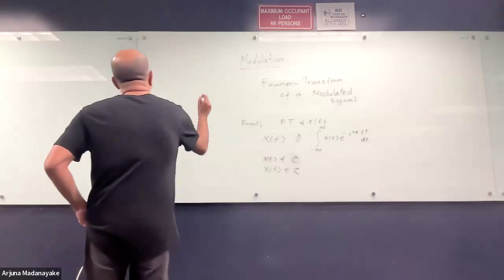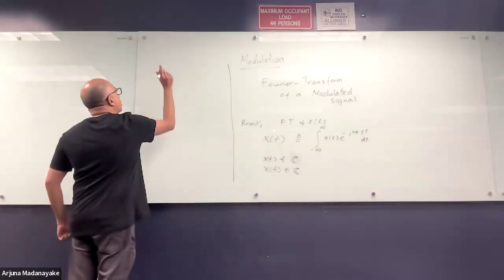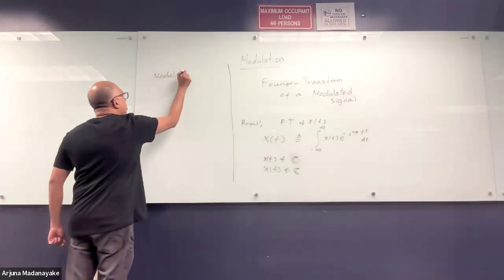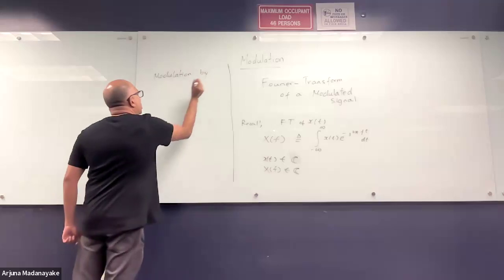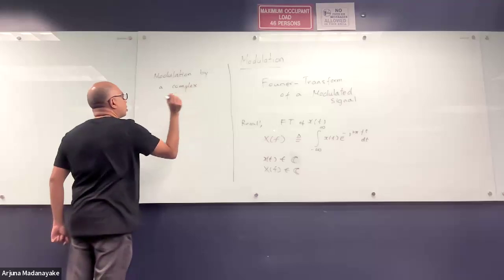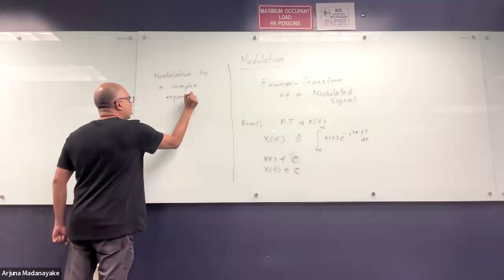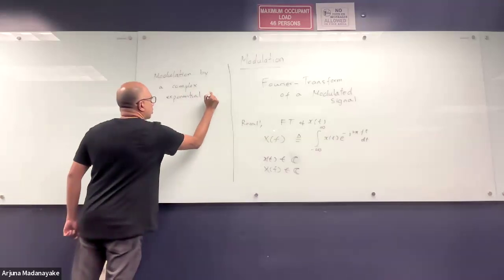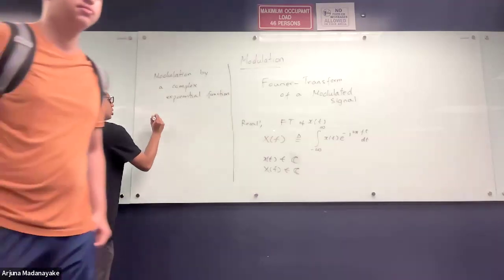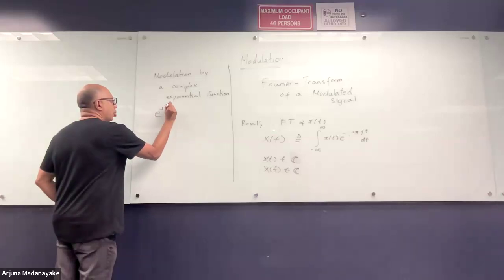The modulation is defined by a complex exponential, something like e to the j omega t.